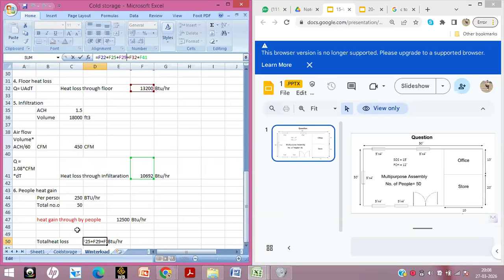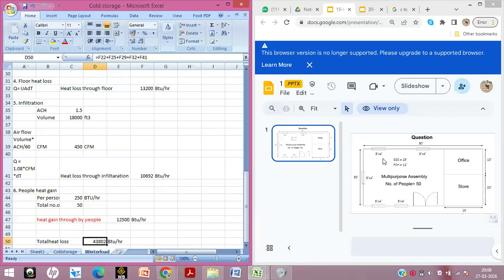In this regard, we'll explain. Whatever amount of heat we already added is loss, because for this winter condition, outside air is cold and inside air is a bit warm. Since outside air is cold, it is trying to get heated up by taking some amount of heat from the indoor. So that will be negative.